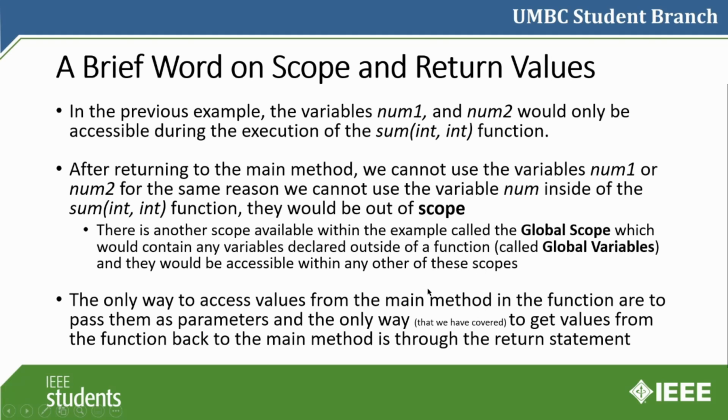It is also worth mentioning that you can only return one value from a function. So you can't return, like, two integers from the function, or at least there's no way to do that from what we've covered so far.